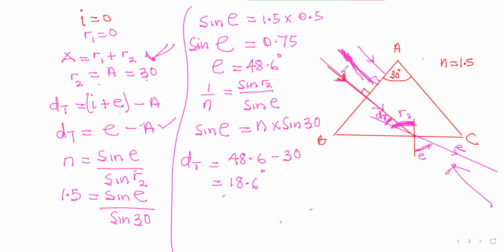All right. Let's look at the second question. I'm reading question 3. A ray of light incident normally on an isosceles right-angled prism and travels as shown in the figure below.